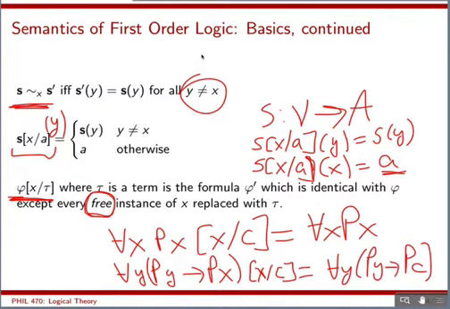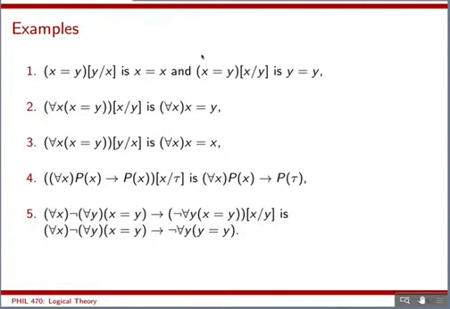Okay, again, I'm assuming you've seen all of this material before. I just wanted to remind you of some of the basic constructions. Here are some examples. So if we have the atomic formula x equals y, and we replace y with x, so y is the variable and x here, we're thinking of x as a term, this is just going to be the formula x equals x.